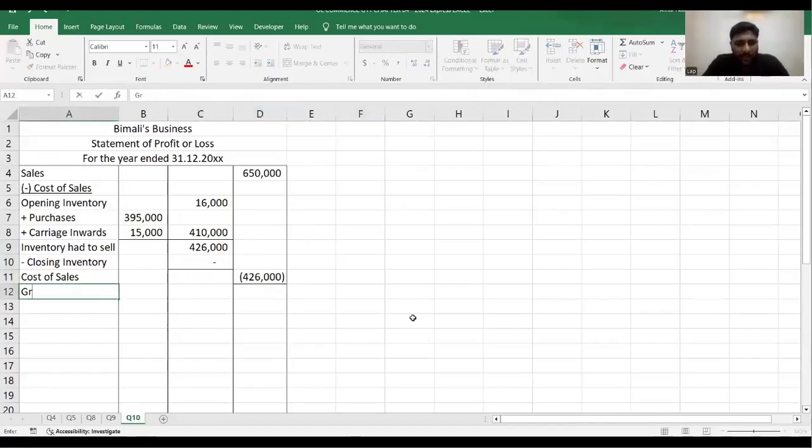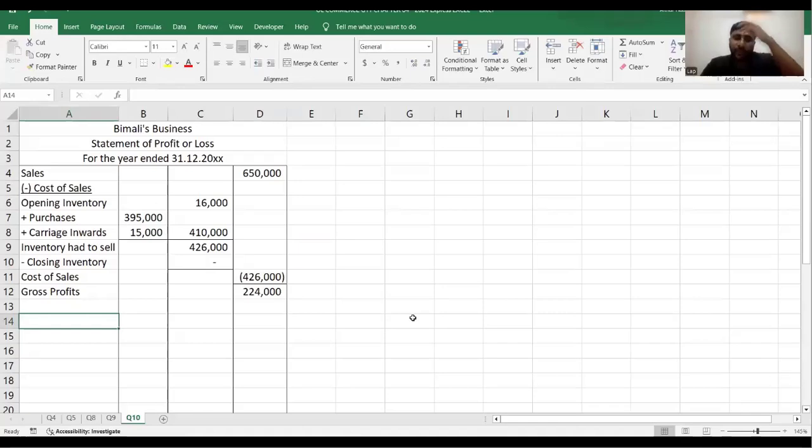Now let's calculate the gross profit. 224,000. So the first part is done. The trading part is done. From the sales to gross profit, we call it the trading part. That part is done.